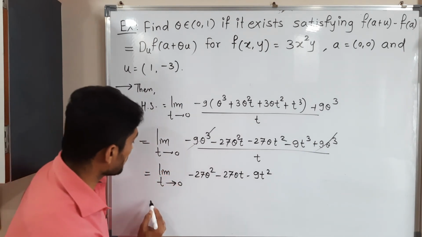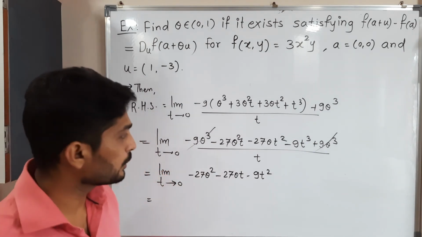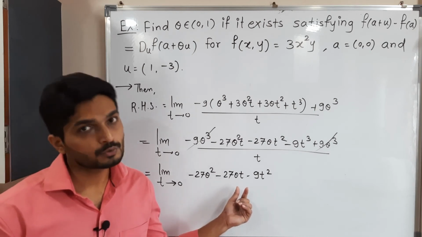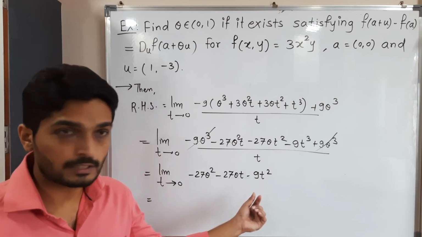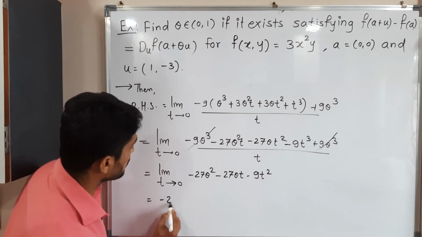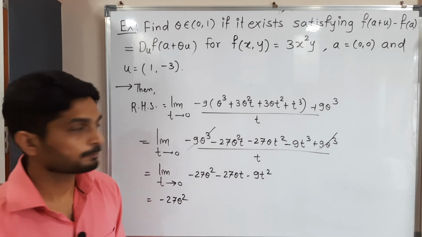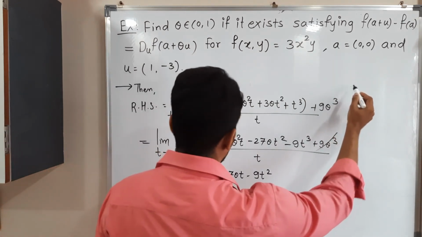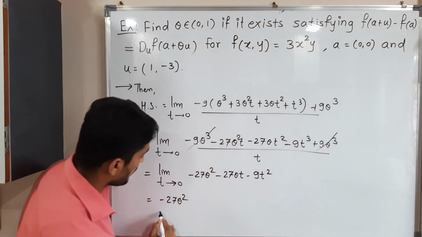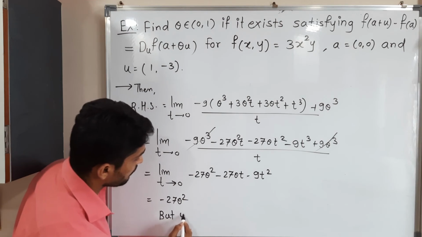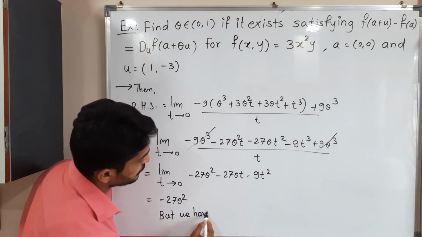If I apply the limit, that means if I put t equal to 0, here we have t equal to 0, here t is also 0, only we will have the first term, minus 27 theta square.